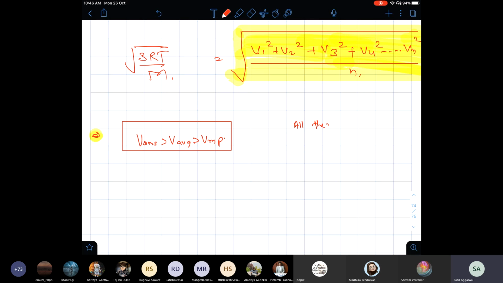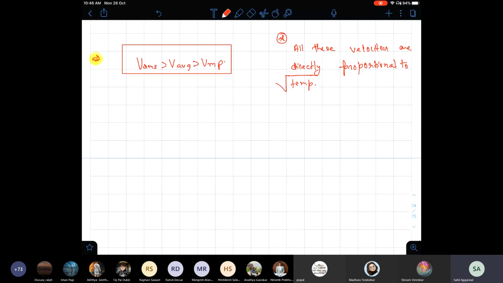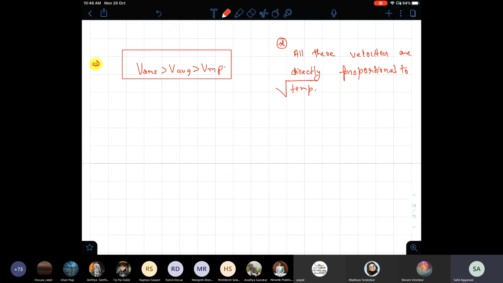These velocities are directly proportional to temperature. All these velocities are directly proportional to temperature. You should say square root of temperature, right?